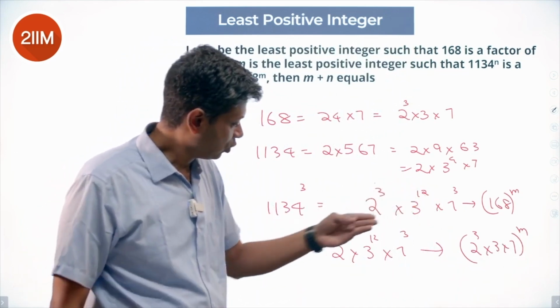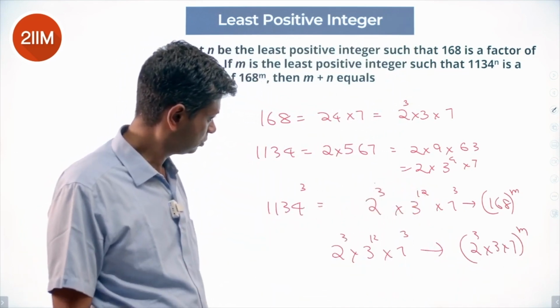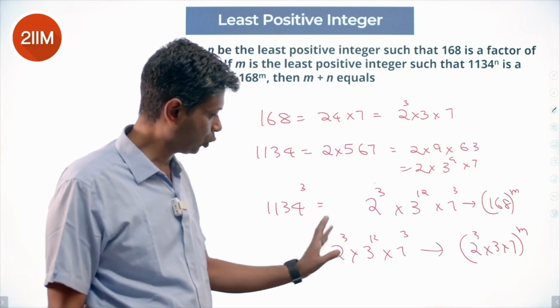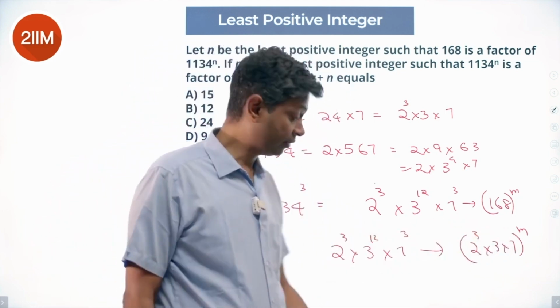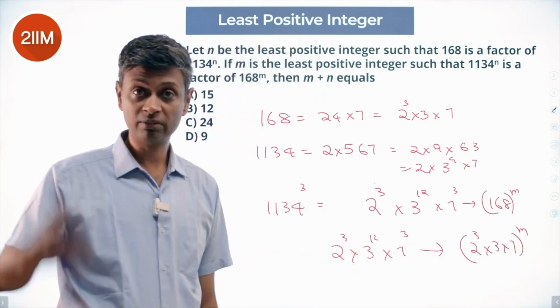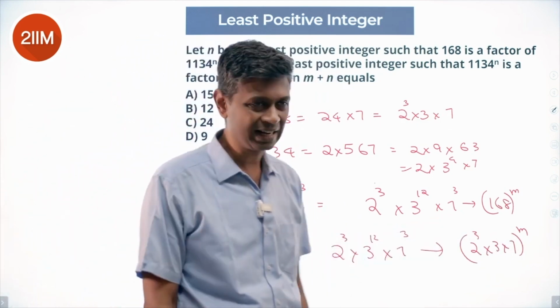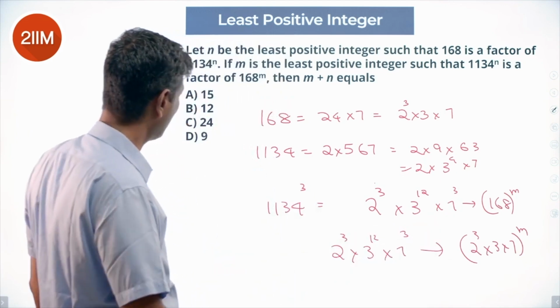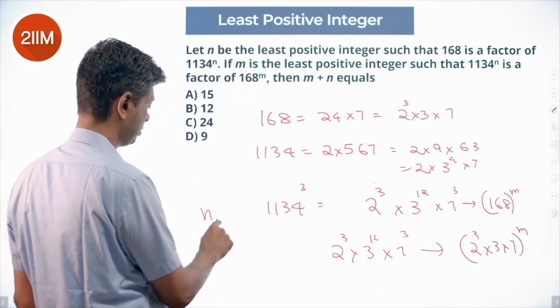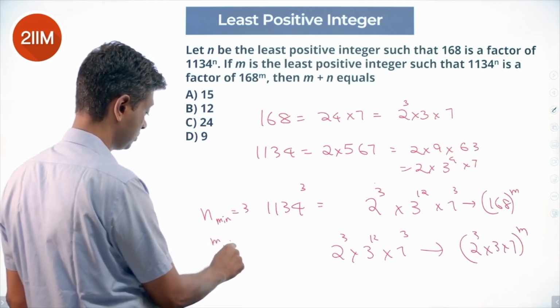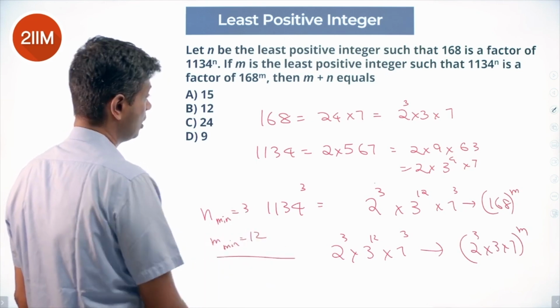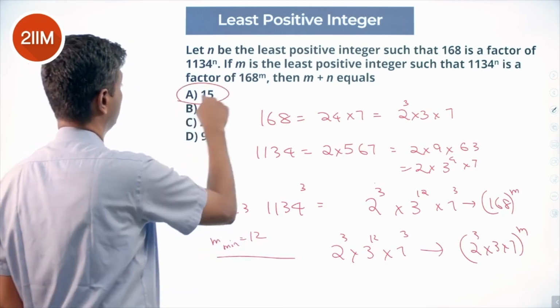You put m equal to 1, 2 cube will be contained. For 7, put m equal to 3, 7 cube will be contained, but we need 3 power 12. It's like a big number. m has to be at least 12. Minimum value of n is 3, m minimum is 12. The minimum value of m plus n is 15.